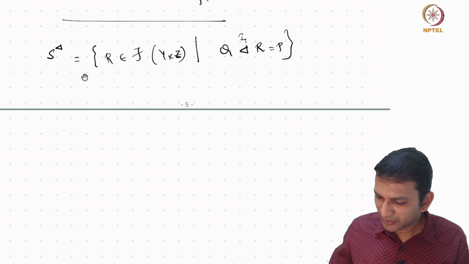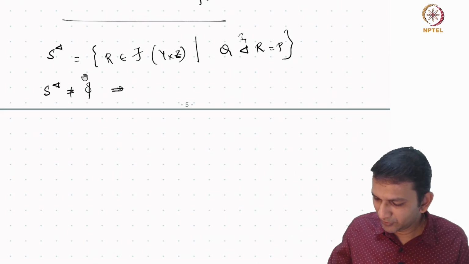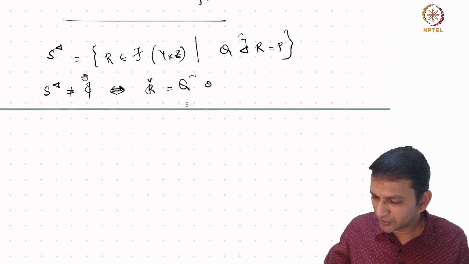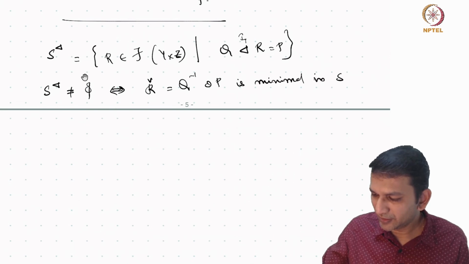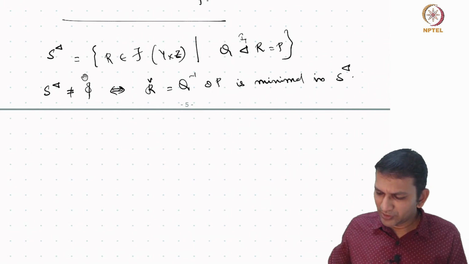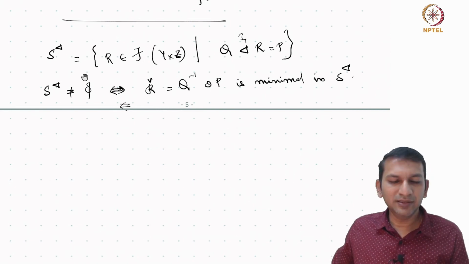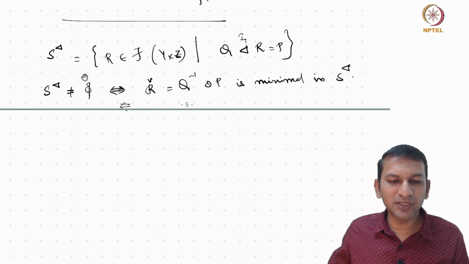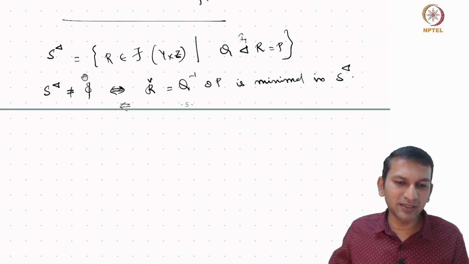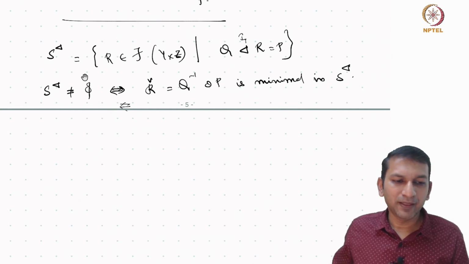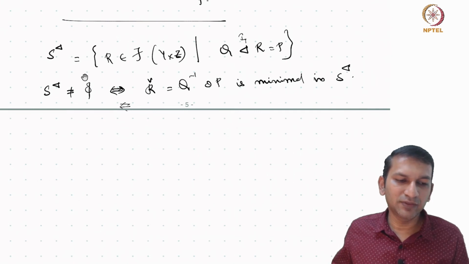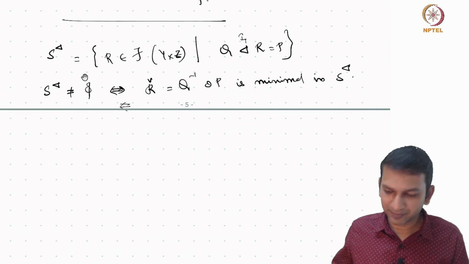Now, the result says that S delta is not equal to empty set if and only if R check, which is given as Q inverse circle P, is minimal. Once again, the reverse implication is clear because if R check is minimal in S delta, it is also an element in S delta, which means it will satisfy the fuzzy relational equation, which means S delta is non-empty.